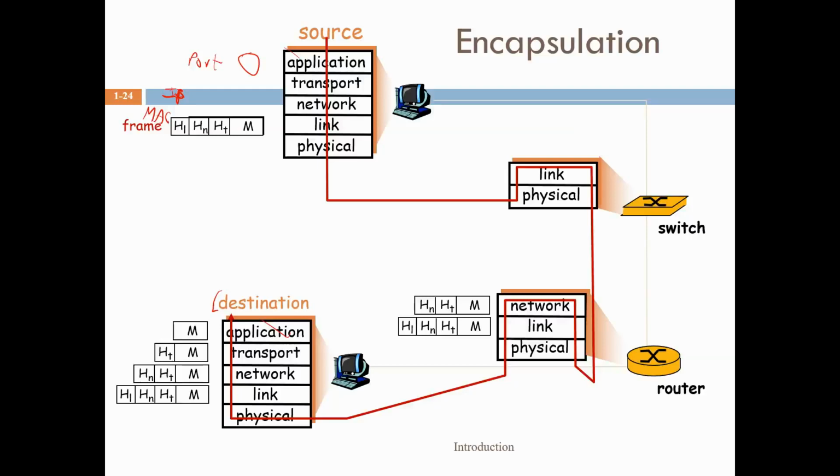Now, once the data link layer generates and adds the data link layer header, it will then give it to the physical layer. And the physical layer will take all of these ones and zeros corresponding to the message and all the headers, and will actually transform all these ones and zeros to electrical signals and send them over the physical medium that is connecting the source to the switch.